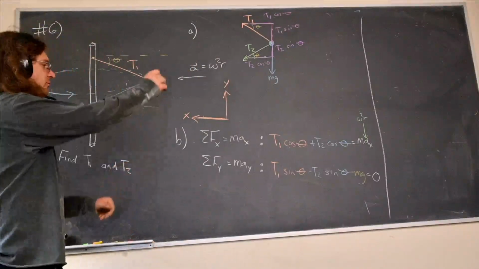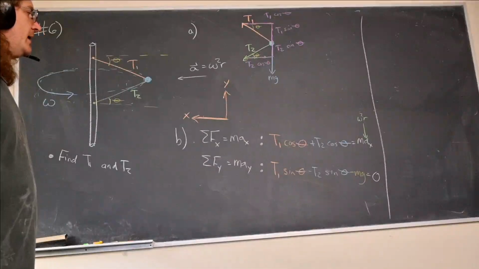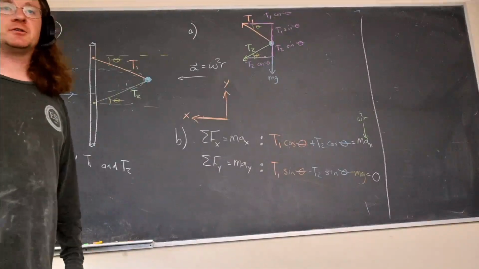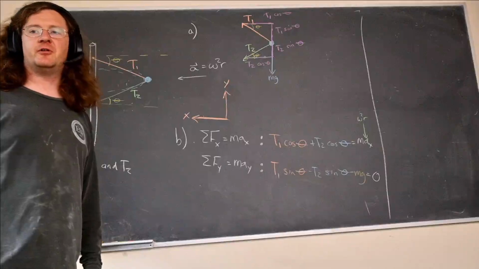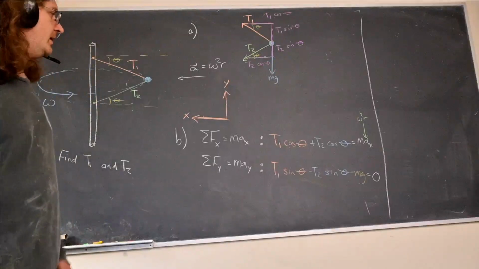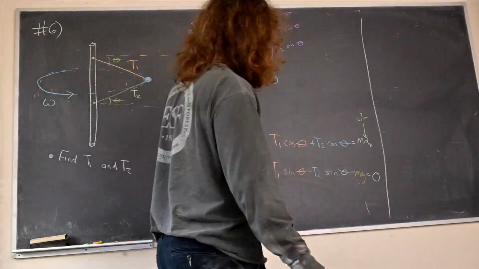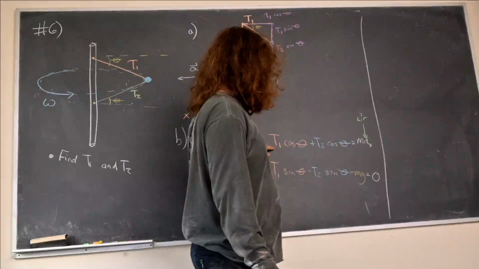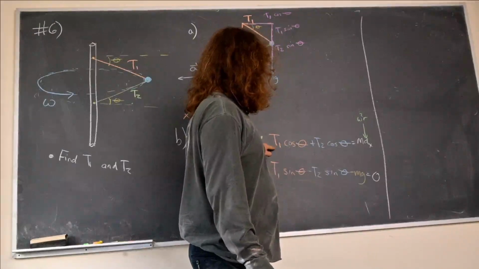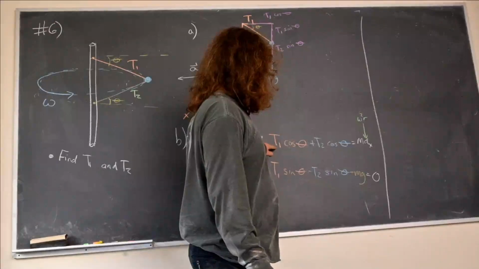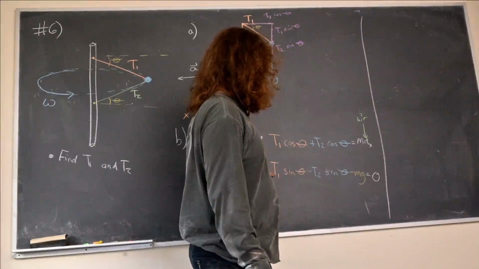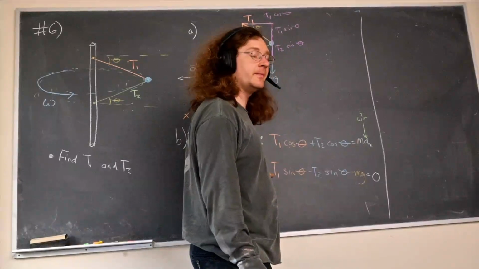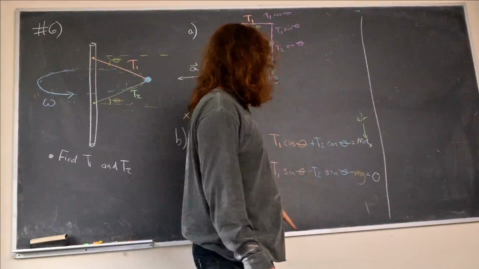I may not have enough room over there to do it. But ultimately, it's the same approach. Solve for one variable, substitute it in, find the other one. I'm just going to pick one at random. So if here I solve for T1, I will get an expression for T1 that I can then substitute in here and find T2.